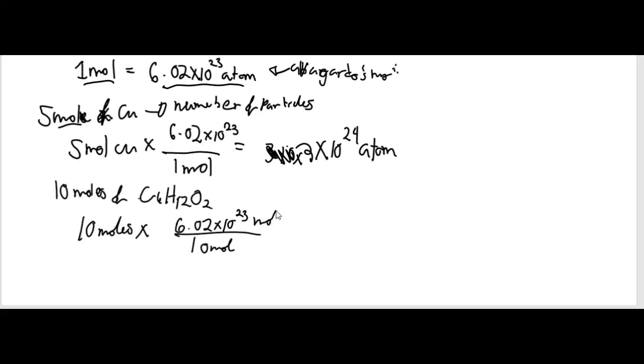Don't forget to put molecules. Now let's multiply it. 10 times Avogadro's number, so we will have 6 times 10 to the 24th molecules.